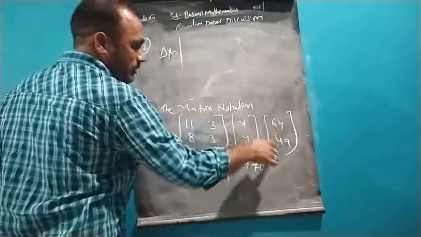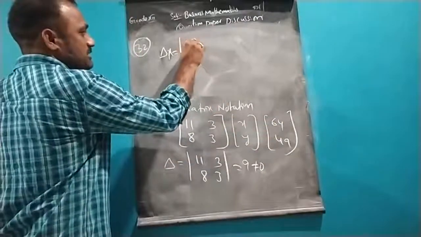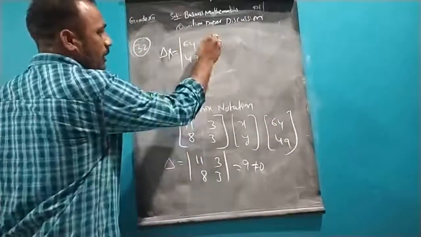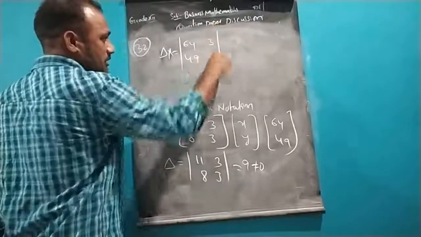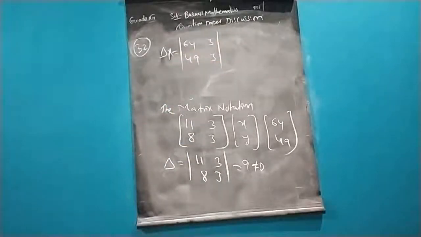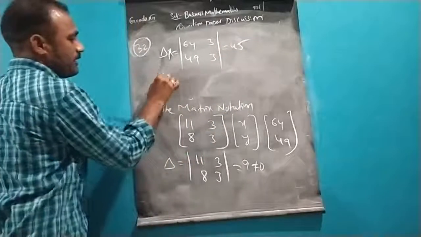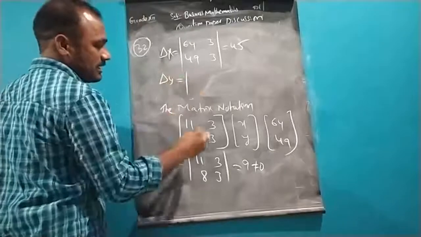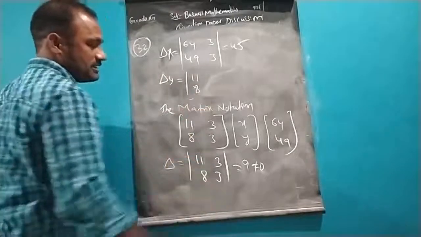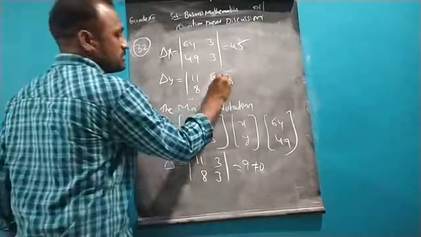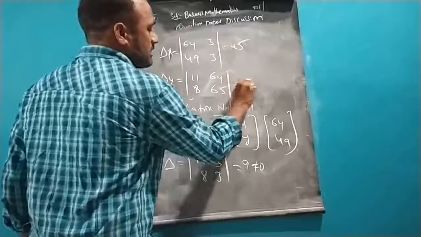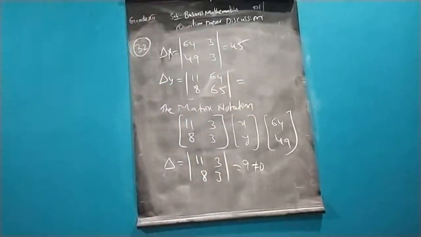The x column is replaced by the constant matrix, 64, 49, and the y column stays as 3, 3. The determinant of this gives 45. Next, delta y: the first column 11, 8 stays as it is, and the second column becomes 64, 49. If you find the determinant of this, we get the answer as 27.